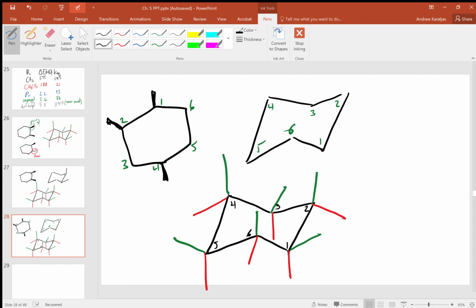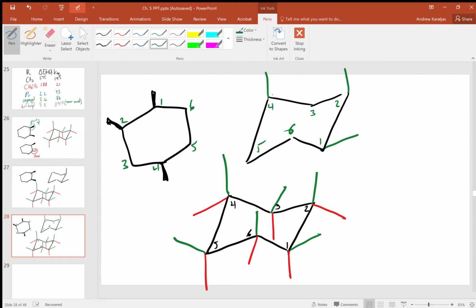So at carbon 1, we have a group pointing up. That's equatorial. Carbon 2, we have a group pointing up. That's going to be axial. 3 has just hydrogens. And 4 has a methyl pointing up. So we've now drawn this. We have 2 axial and 1 equatorial.